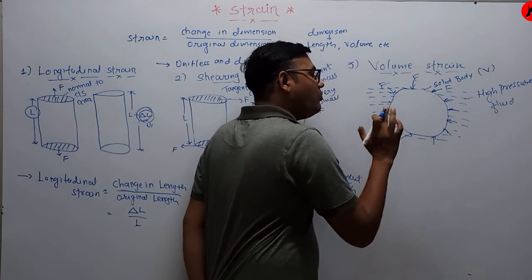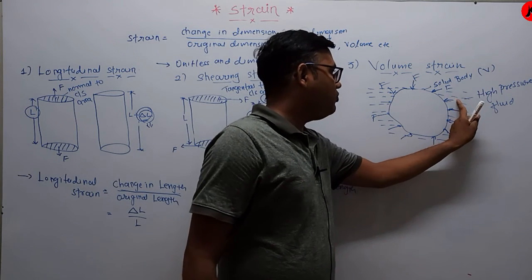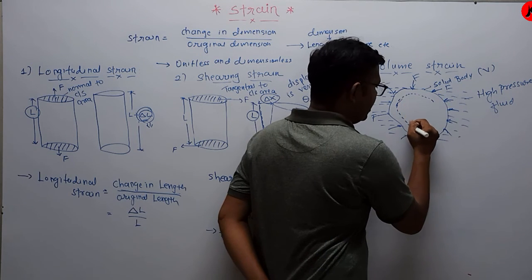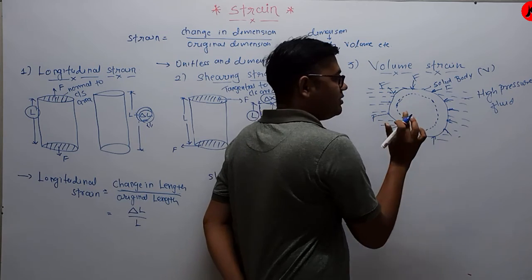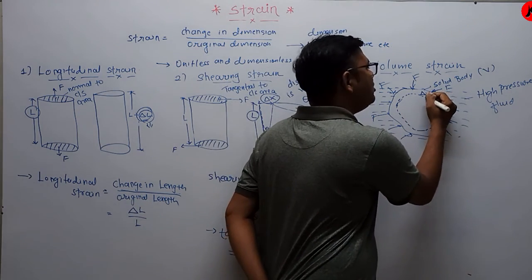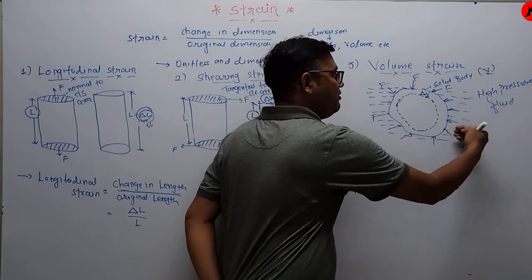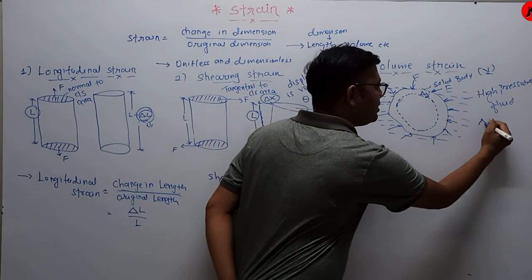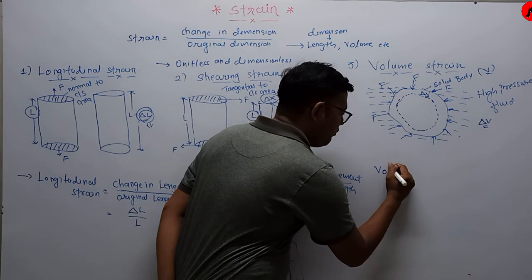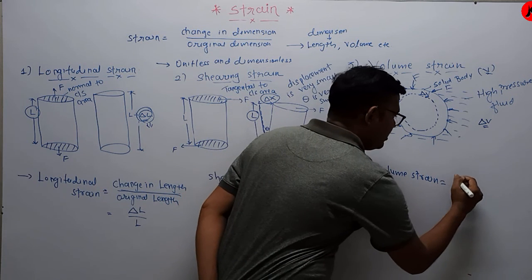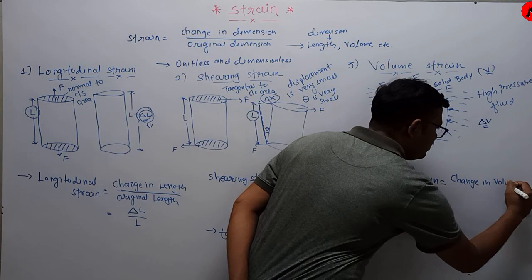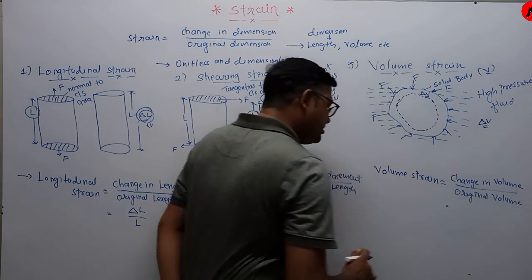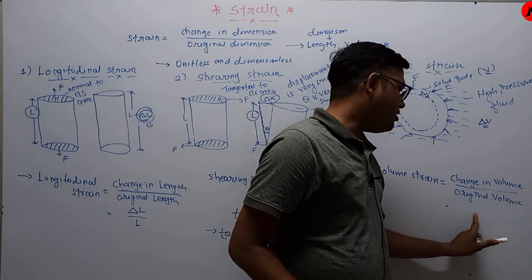Now when this high pressure fluid generates a force on this solid body, the volume of the solid body slightly decreases by delta V. The original volume is V, but when the high pressure fluid applies the force, the volume of this body decreases by delta V. In this case, volume strain is given by change in volume divided by original volume.